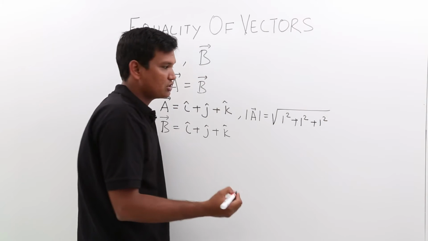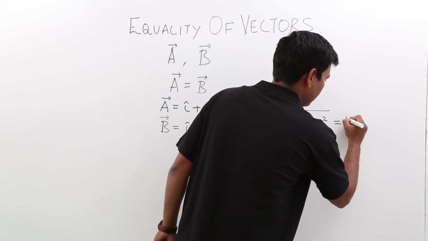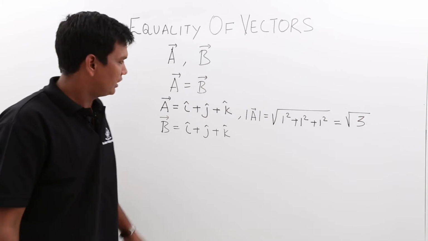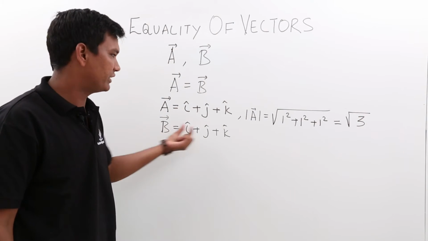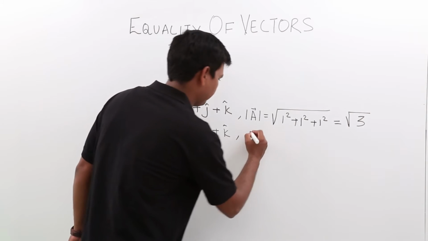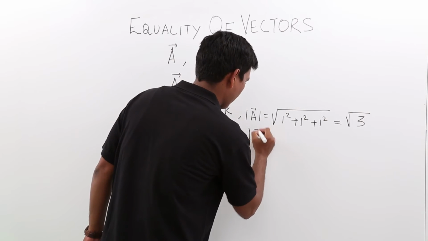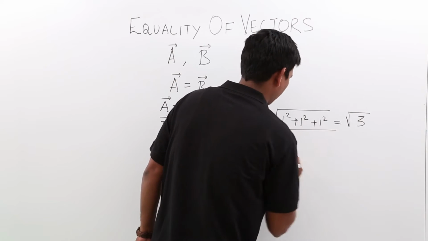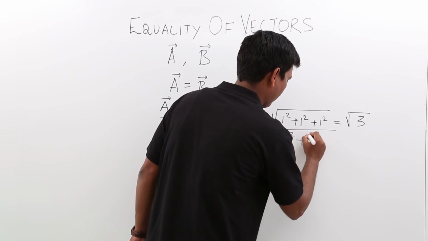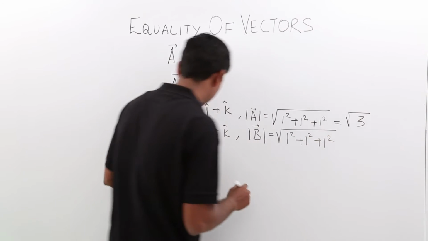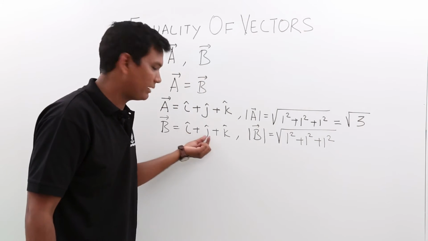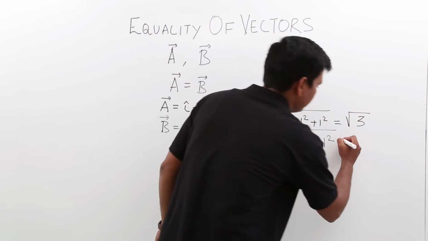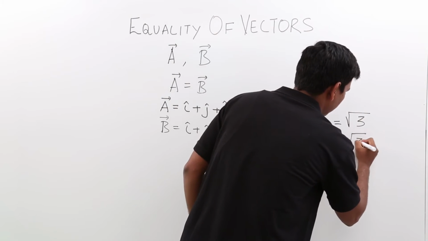This ultimately comes out to be root 3. If I try to find the magnitude of b vector, again the magnitude of I cap is 1, j cap is 1, k cap is 1. So 1 square plus 1 square plus 1 square, which again comes out to be root 3.